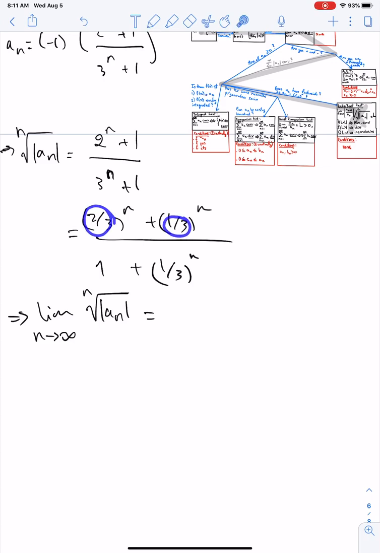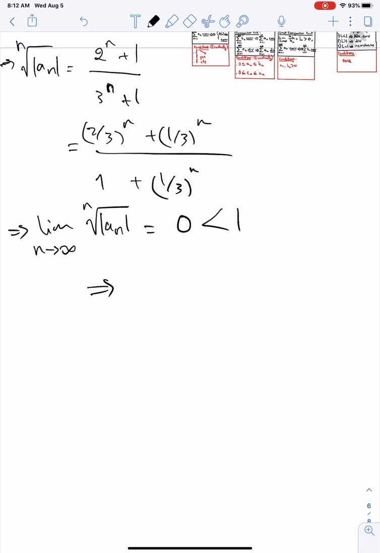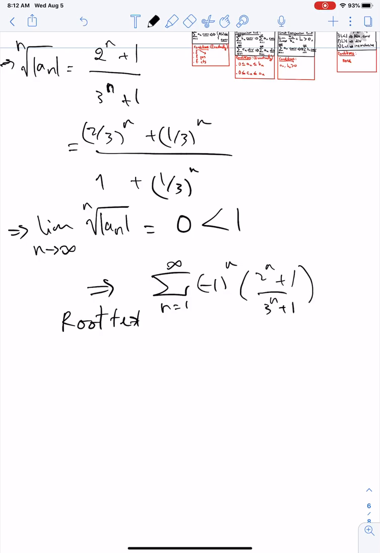So this is going to be approaching 0. Oh, not this guy. This guy's 1. So don't touch that guy. So this one is going to be 0, 0, 0. So we get 0 over 1, which is 0. 0 is less than 1. So by the root test, the infinite sum from 1 to infinity of (minus 1) to the n, (2 to the n plus 1) over (3 to the n plus 1) to the n is absolutely convergent, which implies it's going to be convergent. Very nice.